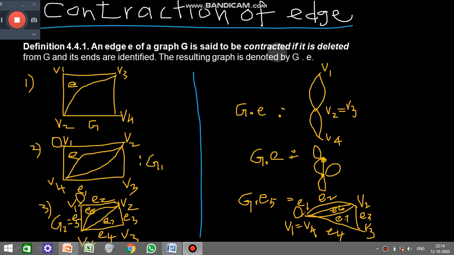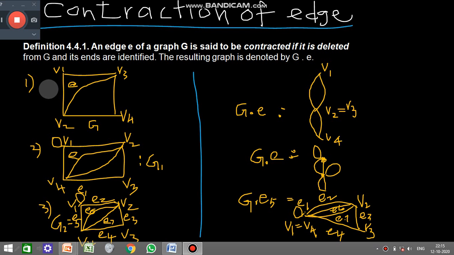G is said to be contracted, the edge is contracted, how? If it is deleted from G and its ends are identified. So if an edge is deleted from the particular graph and then the ends are identified, then we say that contraction takes place for the edge, and we represent it like this, G dot E.